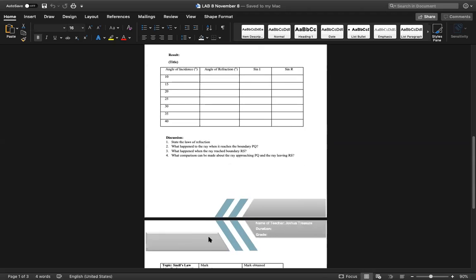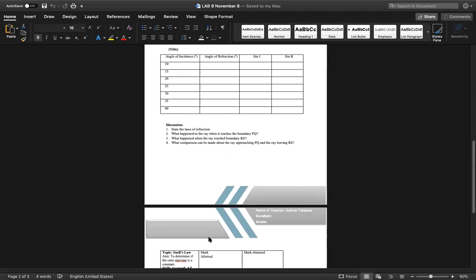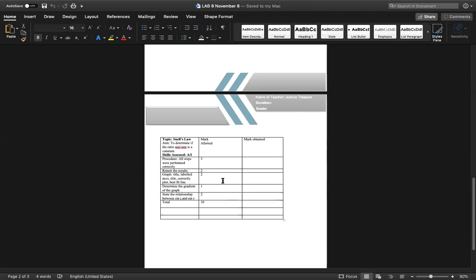Snell's law. All right. This was with the block. You should ensure that your procedure, of course, reports the results, and then, of course, have your graph.